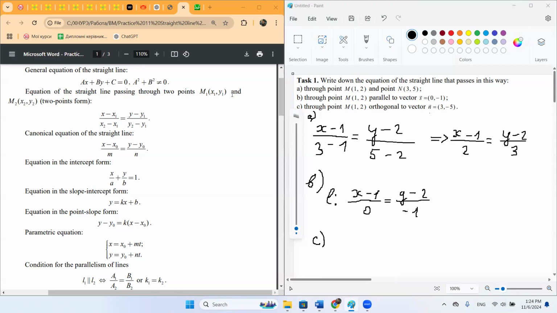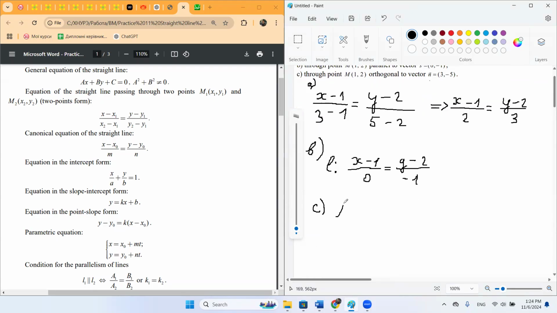Okay, so we need a general equation, but it is a little bit modified. So, the equation of the straight line with the given normal vector and one point looks like this.